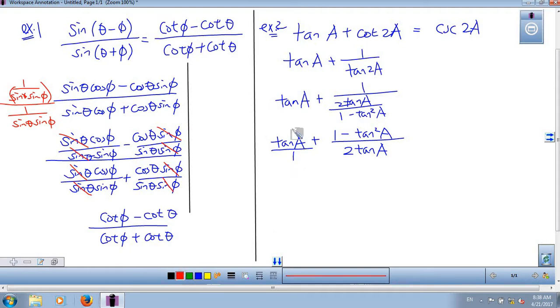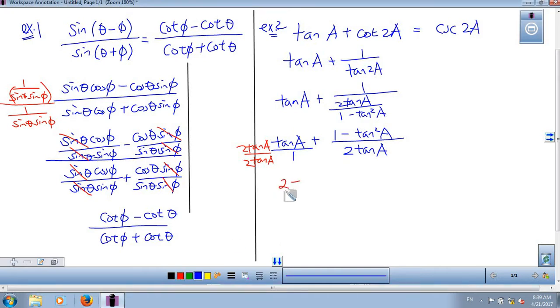So we need to make sure the first fraction also has the denominator of 2 tangent A. So I have to multiply by 2 tangent A in the numerator and 2 tangent A in the denominator.